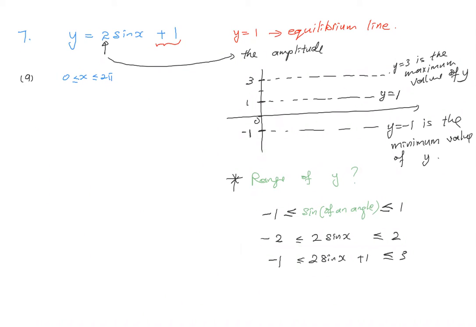Yeah, X minimum 0, X maximum 2 pi. Then after that, you zoom it. Are you sure you got this? No, that one I didn't do the domain properly. Okay, so please, cannot afford to make mistakes anymore.